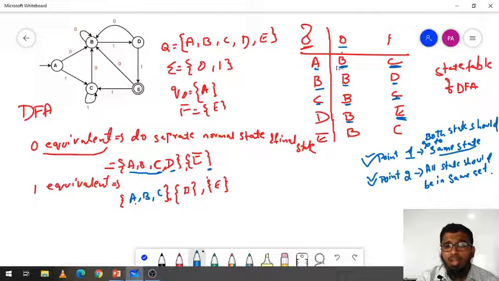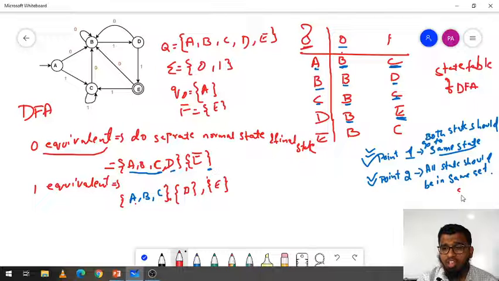Next, A and D. A on 0 is B and D on 0 is B. Yes, first condition is satisfied. Next, A on 1 is C, D on 1 is E. What is this? All states should be in same set. What the state we got now here?